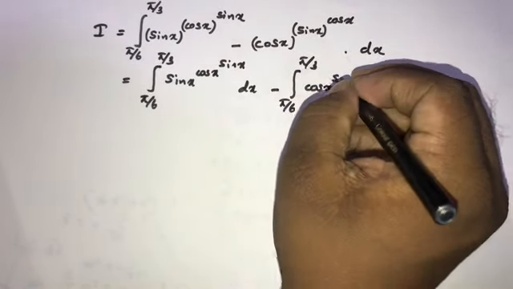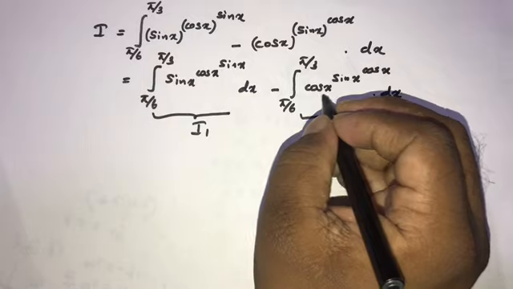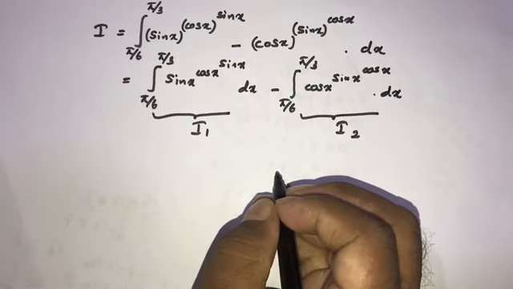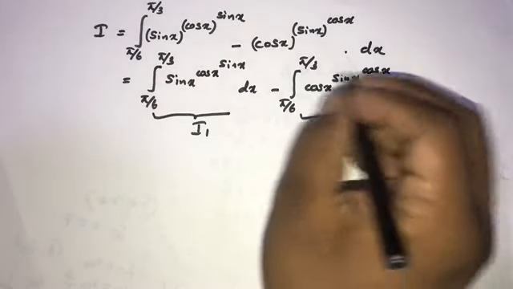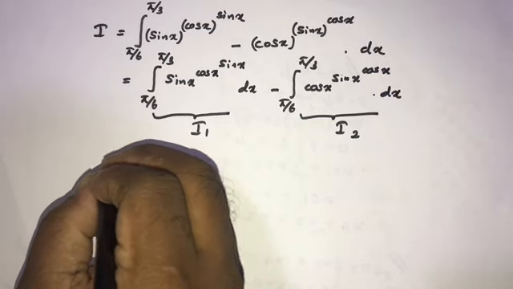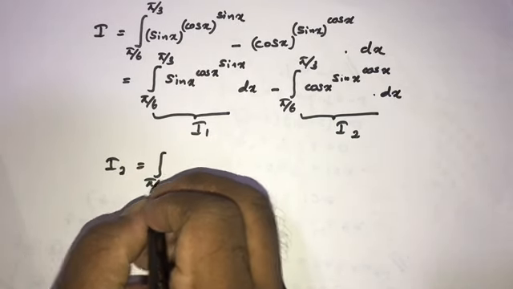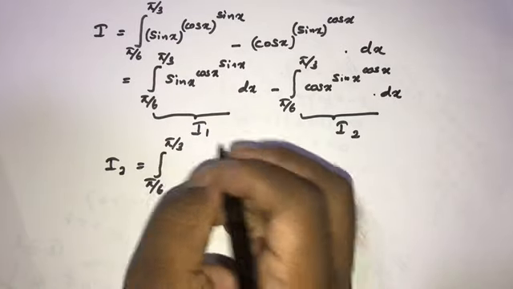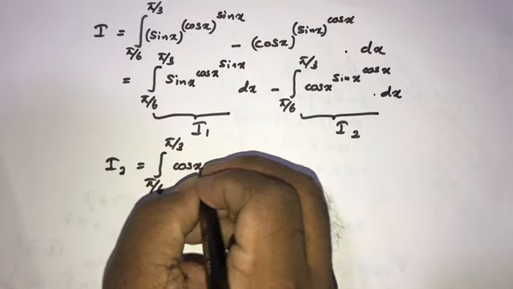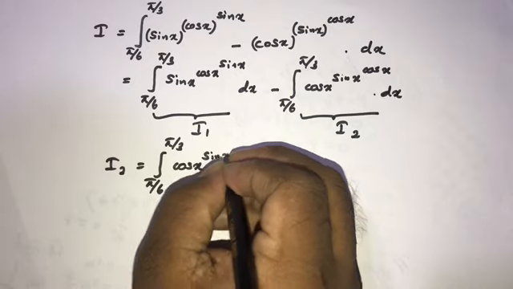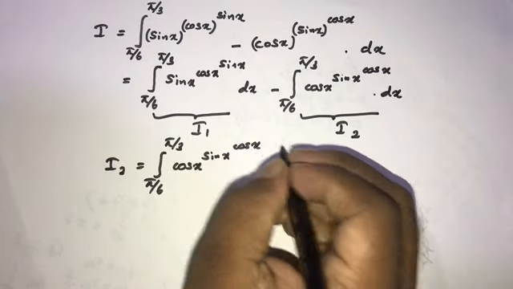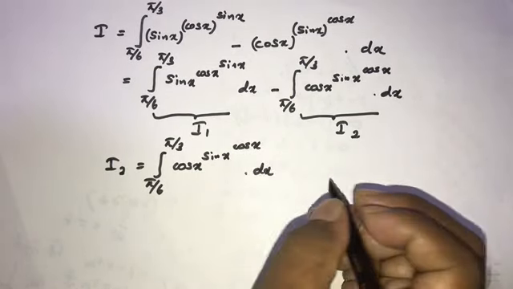Okay, here in this integral I1, the base is sin x, and in this integral the base is cos x. Okay, now I am going to take this integral, so I2 is equal to the integral from π/6 to π/3 of cos x to the power sin x to the power cos x dx.